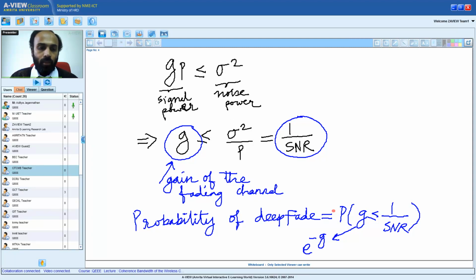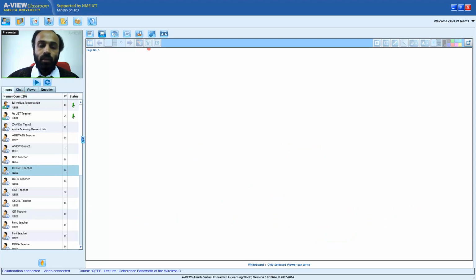Okay, I think I'm getting the answer, let me go ahead. I think basically I have to integrate e to the power of minus g.